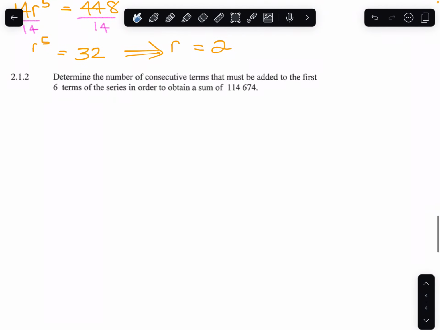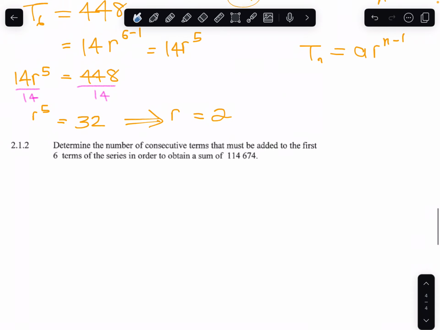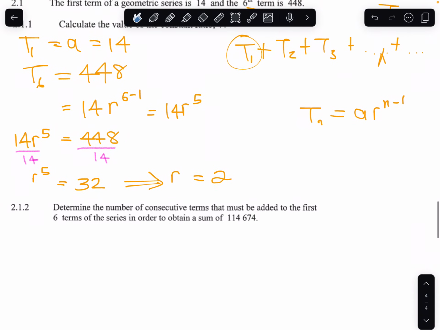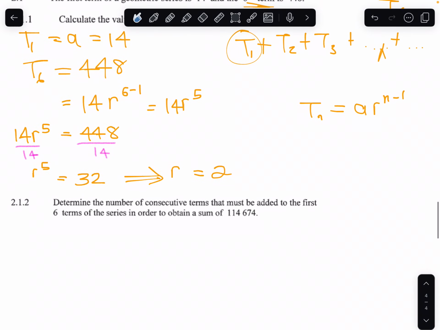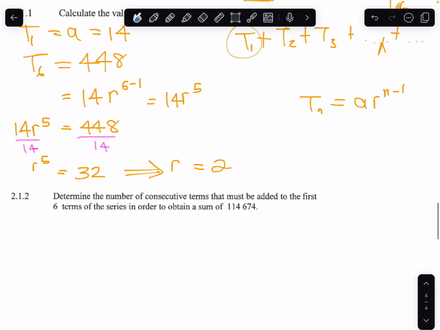Now, determine the number of consecutive terms that must be added to the first 6 terms of the series in order to obtain a sum of 114,674. There's a couple of ways that we can skin this cat.